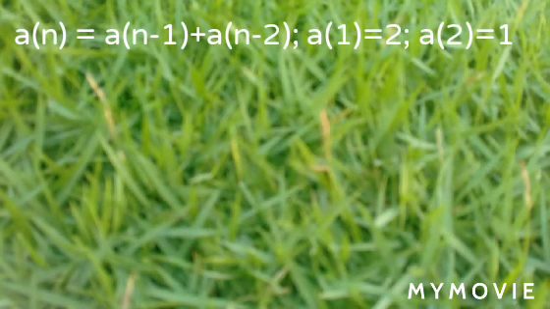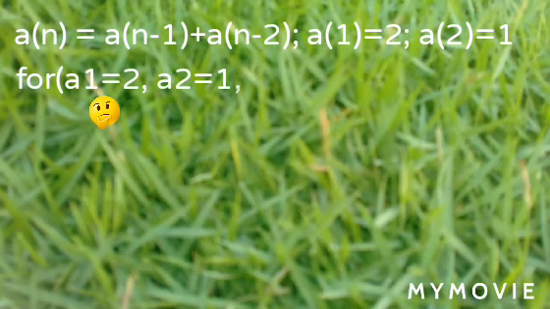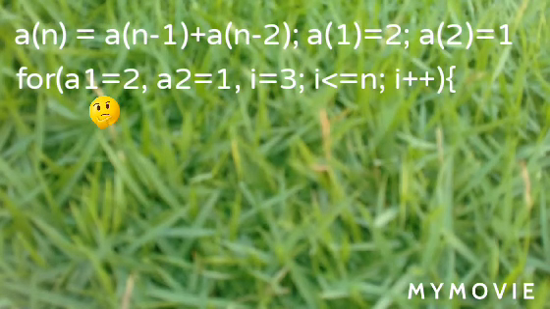Let's try the second relation. This time we need two variables because there are two initial values. So our iteration is this one. The initialization or basis is still the same. The iteration will start from 3 to n because a sub 1 and a sub 2 already have initial values.